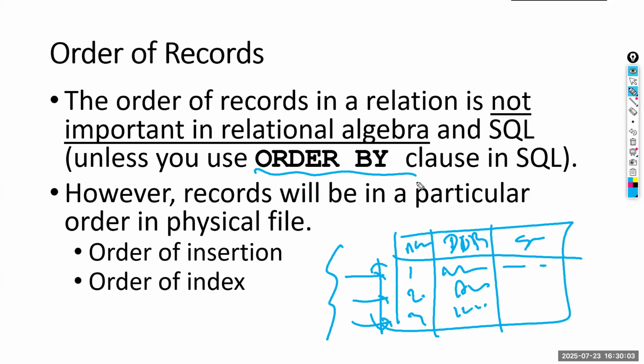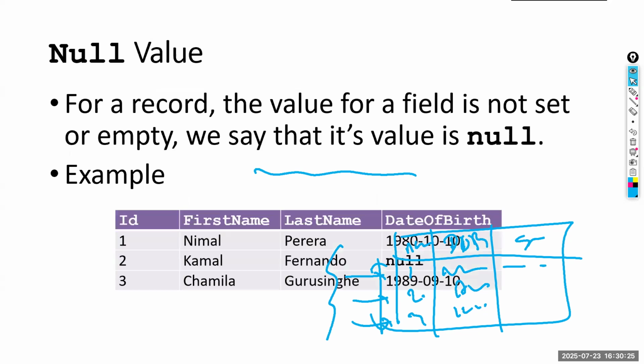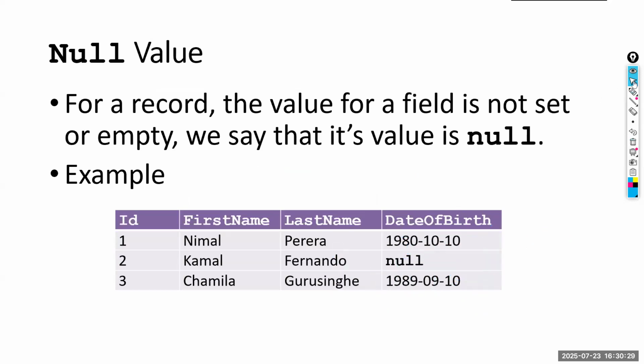So that means in general, at the logical level, unless you are interested, we don't care about the order of the records. So after the first record, there can be the fifth record, the 81st record. But if you use order by, definitely we can order it, sort it. So remember, we are just building some words, terms.